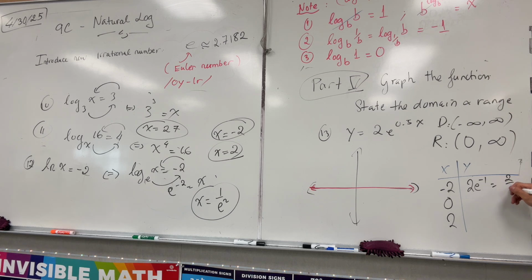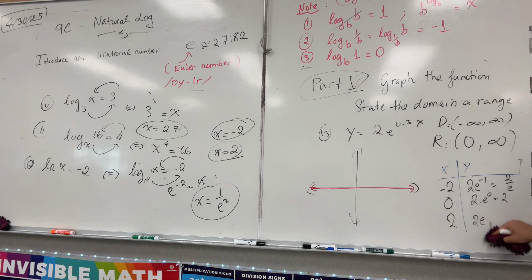That means 2 divided by e. And this one is just 2 because e to the power 0 is 1. And this one is 2 times e to the power 1, so just 2e. Using a calculator, you can find the exact value of this. 2 times e. How do you find 2e? Use a calculator. Or 2 divided by e.